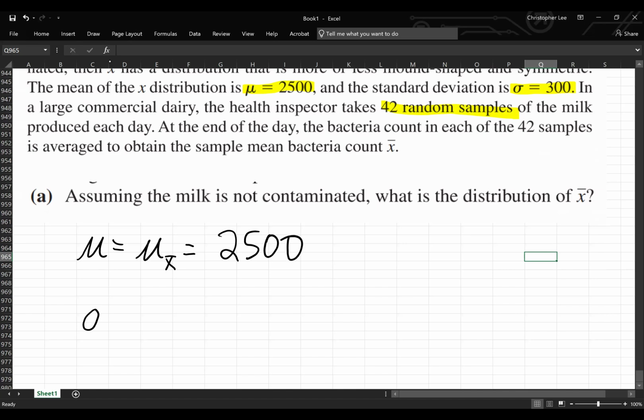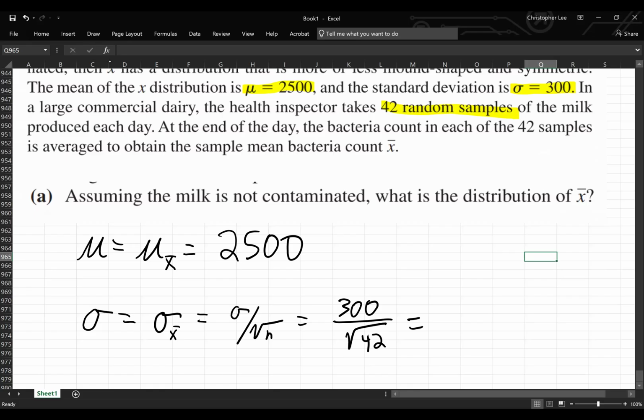But our standard deviation is equal to the standard deviation for the X bar distribution, which is equal to the standard deviation over the square root of n, which in our case is what? 300 over the square root of 42. Right?